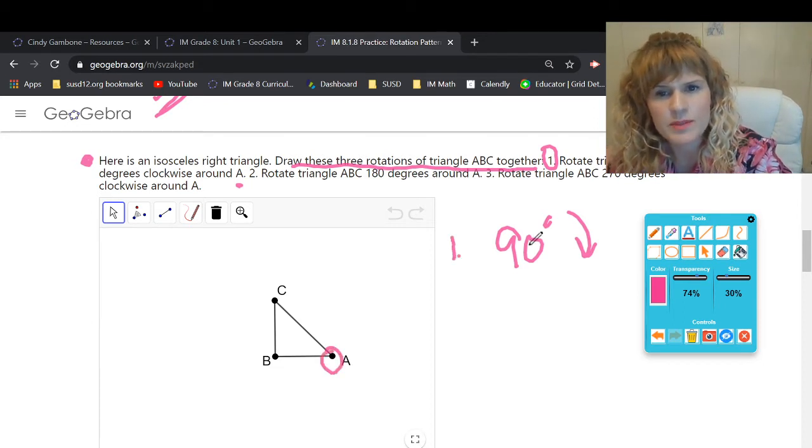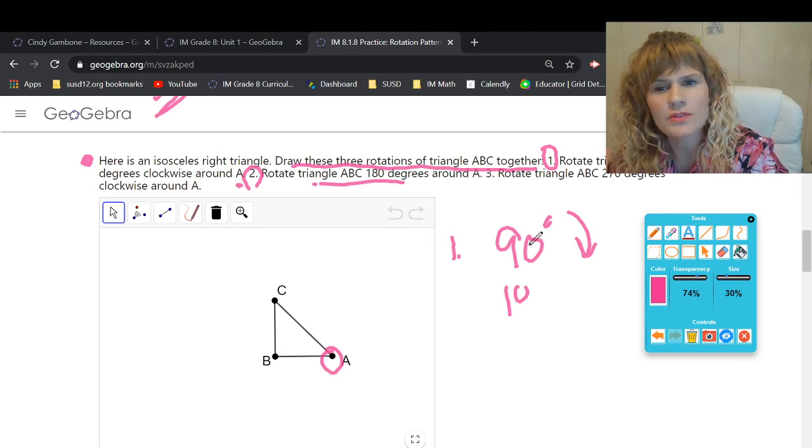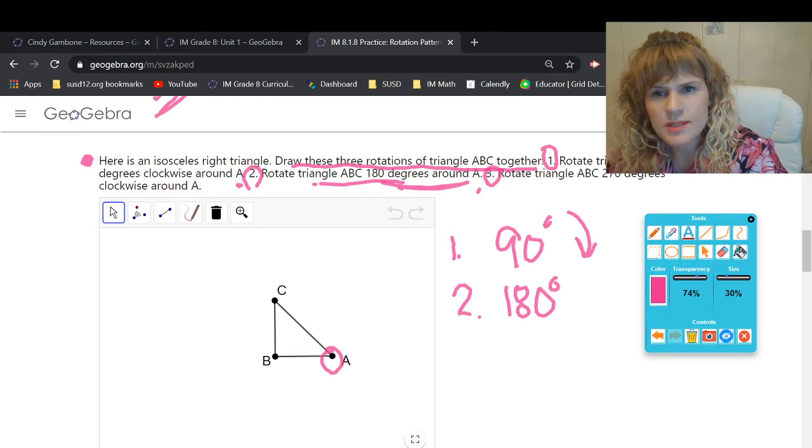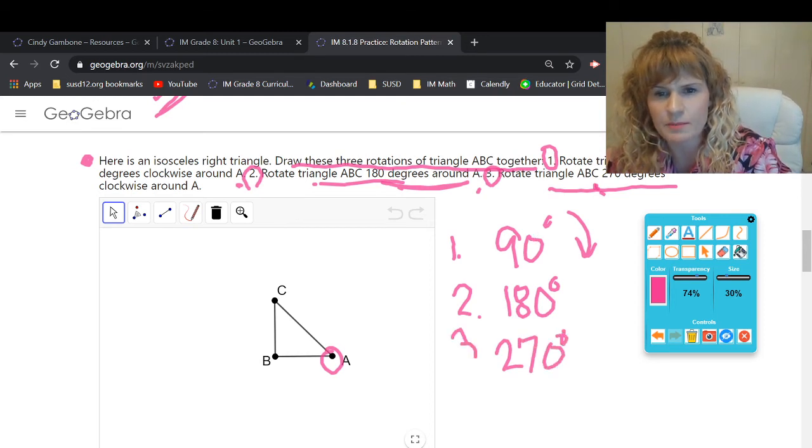So step 1 was a 90 degree clockwise rotation. Step 2, rotate triangle ABC 180 degrees around point A. Okay, same center point, that's step 2. Step 3, rotate triangle ABC 270 degrees. Right there, I'll just put it here so it's easier for me to remember what I'm doing.